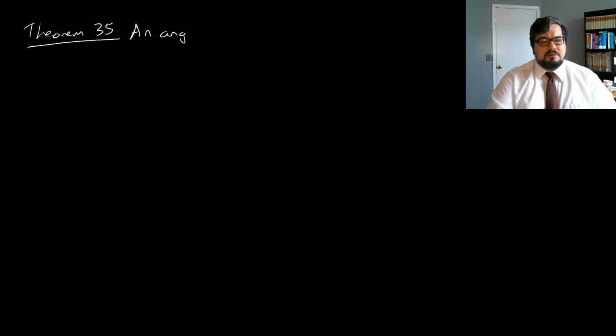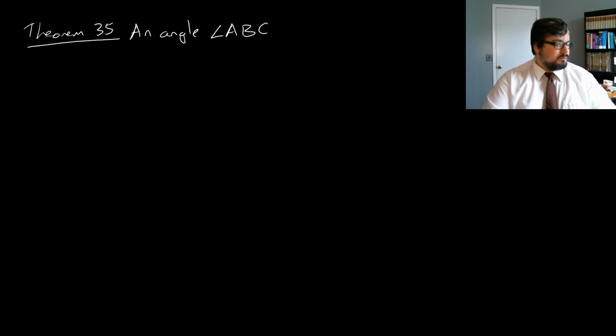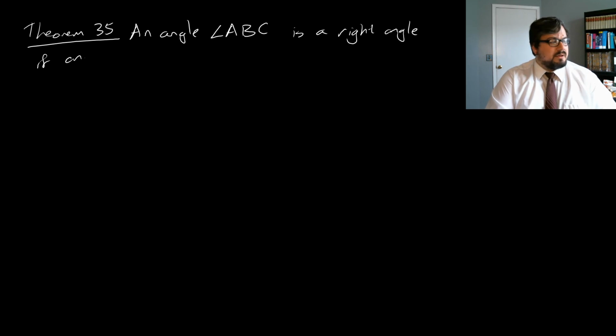An angle ABC is a right angle if and only if the measure of angle ABC is equal to 90.